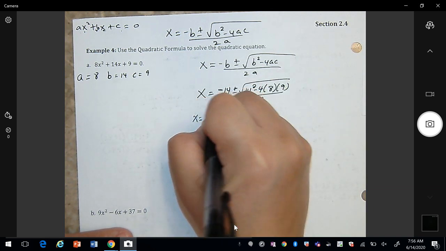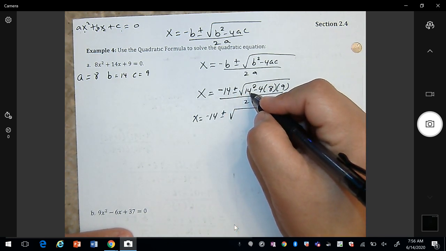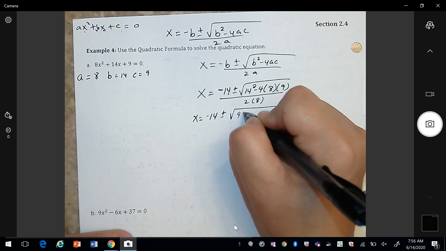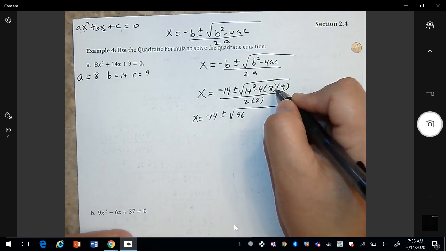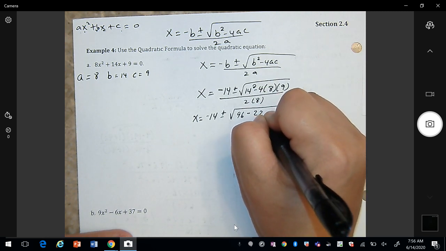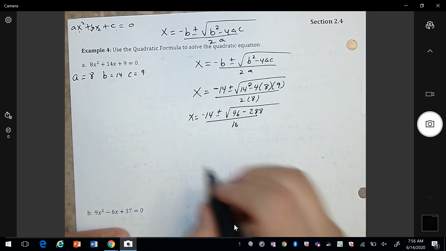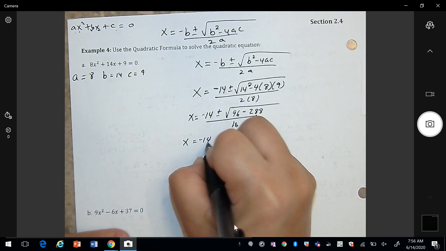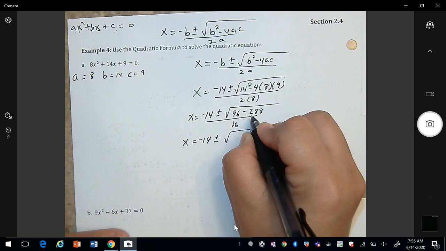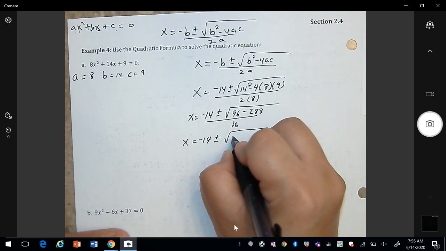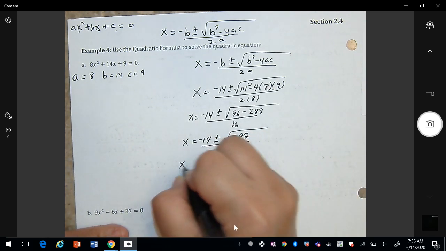Simplify. 14 times 14 would be 96. 4 times 8 is 32, times 9 is negative 288. 8 times 2 is 16. 96 minus 288 is negative 92, divided by 16.